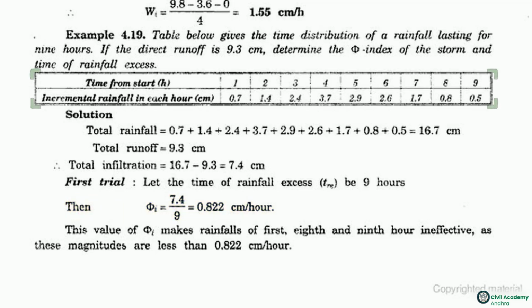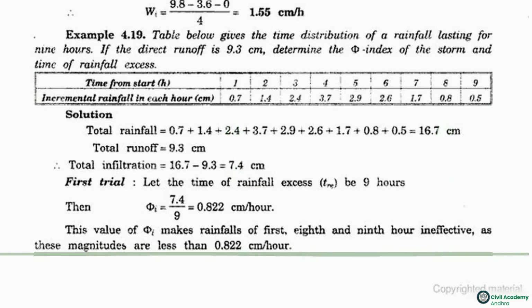Now look closely at the hourly data. Pause the video and identify which specific hours recorded less than 0.822 centimeters of rainfall. The values for hour 1, hour 8, and hour 9 are all below 0.822. Those periods did not produce runoff, so they are entirely ineffective and must be removed. Now we adjust both the infiltration and the time for trial 2.